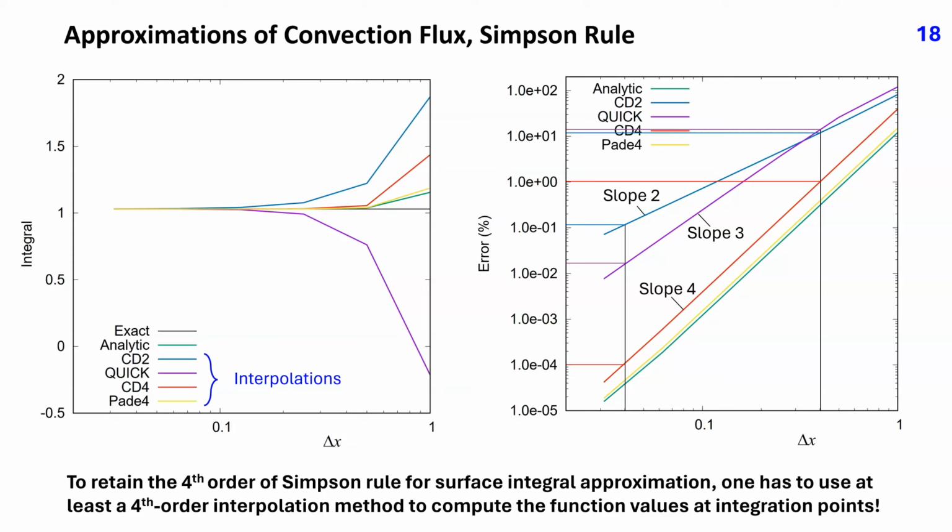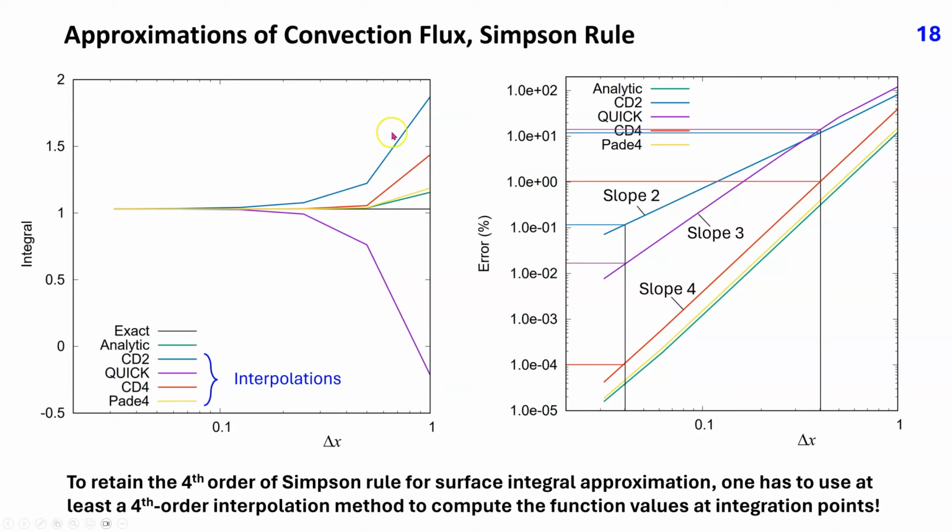Exact value at integration points from the analytical function, labeled analytic, which gives the error of the integral approximation alone. Linear interpolation, labeled CD2, quadratic interpolation, labeled QUICK, cubic interpolation, labeled CD4, and compact fourth-order interpolation, labeled PADE4.